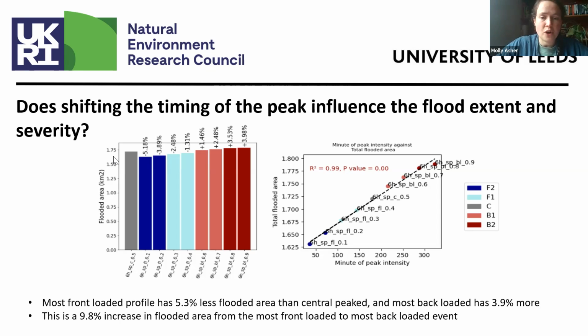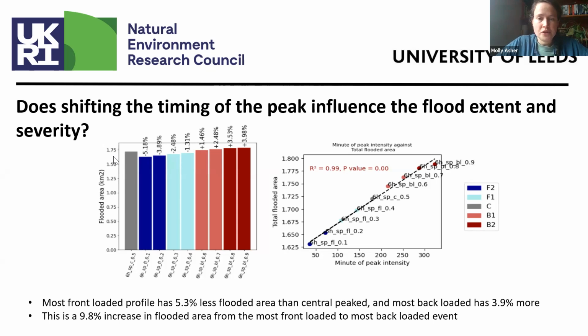And this profile has also got an almost 10% smaller flooded area than the most back-loaded profile on the far right. So it's about a 10% range between the two extremes. Also plotting the relationship between the minute of the peak intensity and the total flooded area, we can see that there's a strong correlation between those two things.